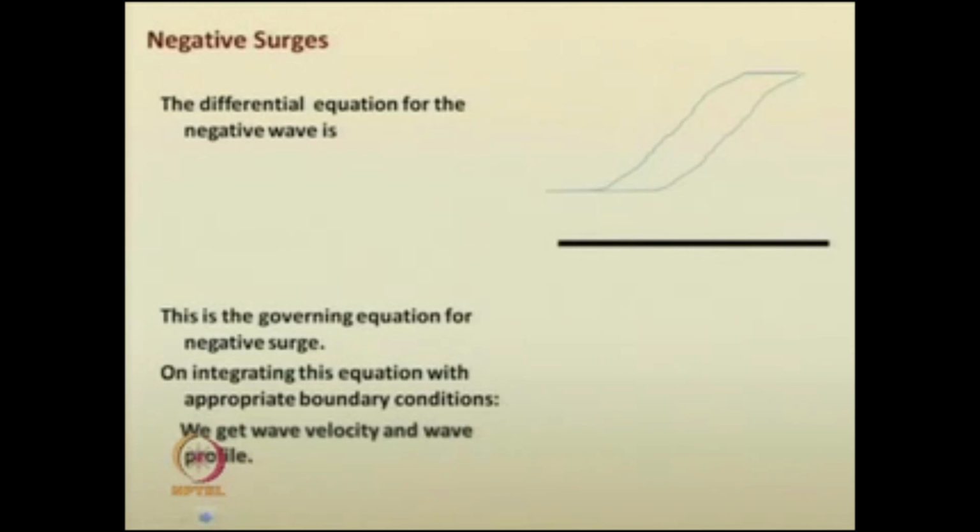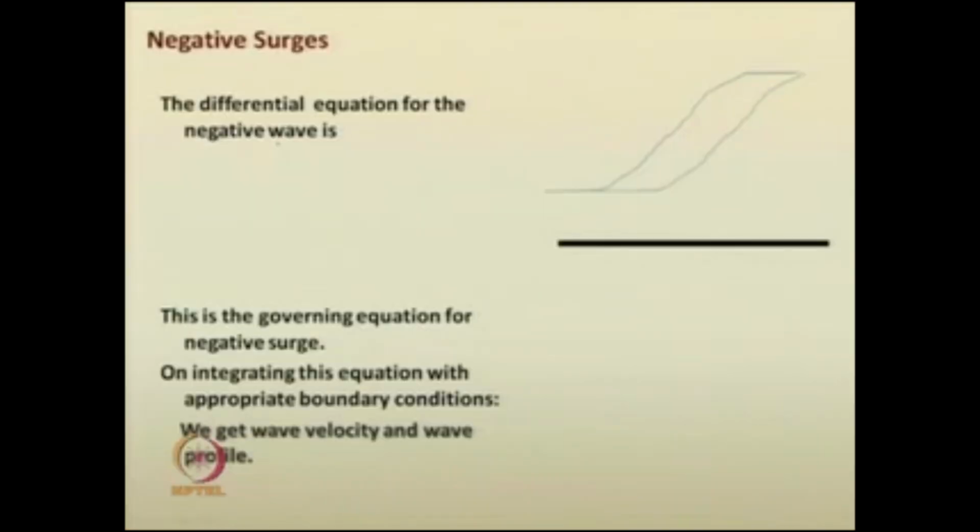From the equation for celerity of the wave, we can obtain a differential equation for the negative surge. Using those differential equations, you will be able to interpret the physical phenomenon in a much better way, and also by solving that differential equation, you will get the velocity of the flow as well as the profile of the wave at any instant. So, for that reason, we are just developing the differential equation.